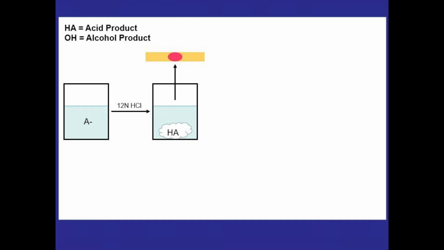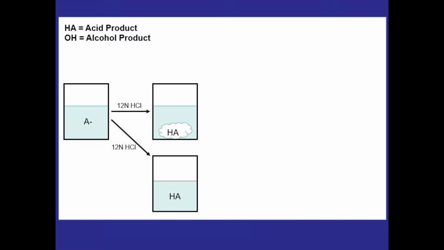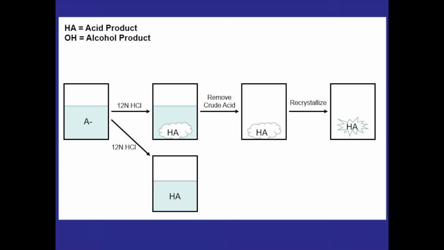If we end up with an acid that is soluble in water, we might not ever see a precipitate form, even though we stir it for a long time and the solution remains acidic. If this ends up happening, there is something that we can do, but I'll come back to that in a second. Once we have the neutralized acid, we can remove it from the aqueous solution and then recrystallize it to get pure crystals that will give us an accurate melting point.